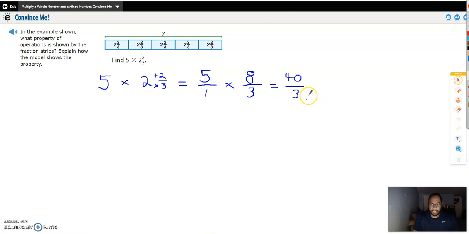Do we leave it like this as an improper fraction? No. We have to change this back to what, Jasmine? A mixed number. So, in order to do that, we need to divide 3 into 40.